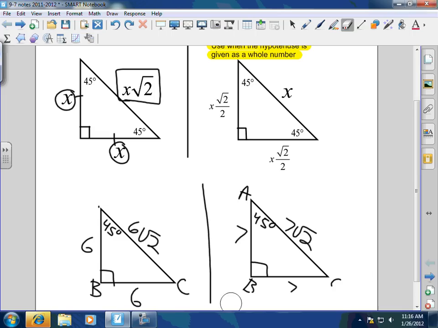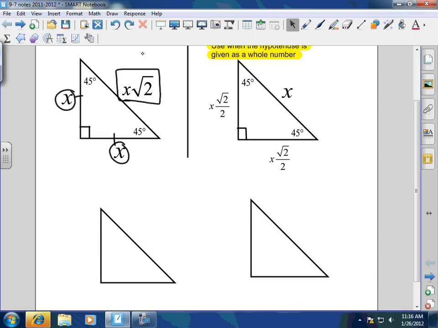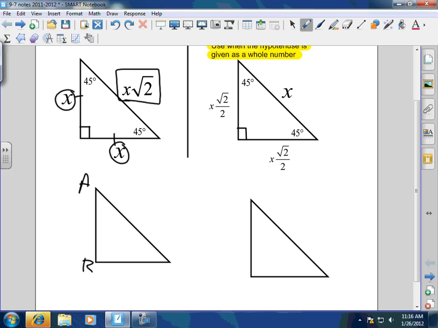Let me explain what's happening in this particular case. When they give you A, B, C, and they give you a hypotenuse as, let's say, 10.